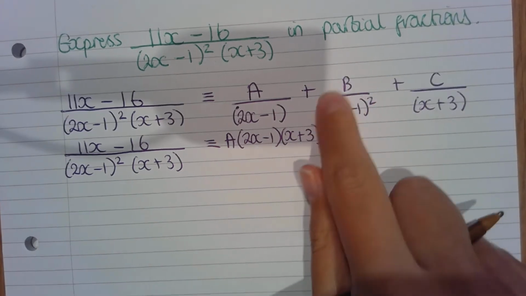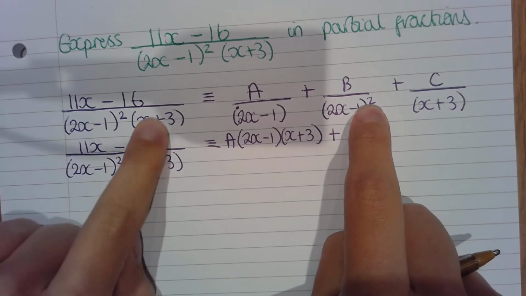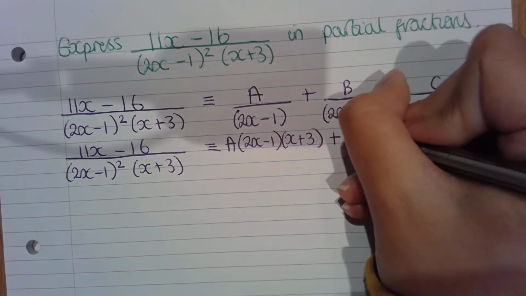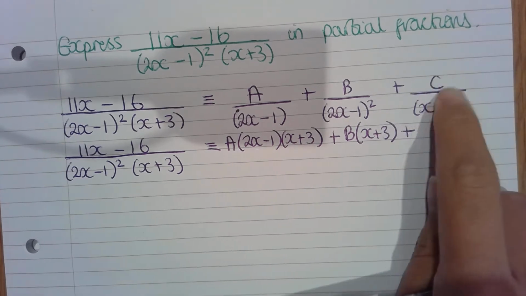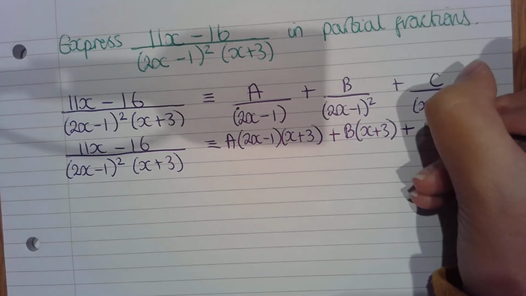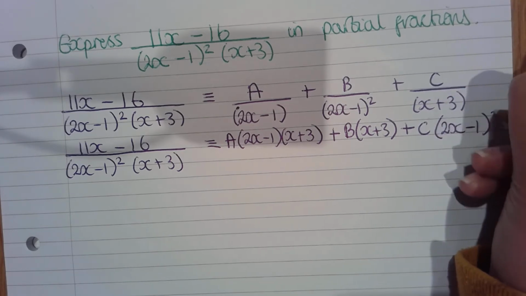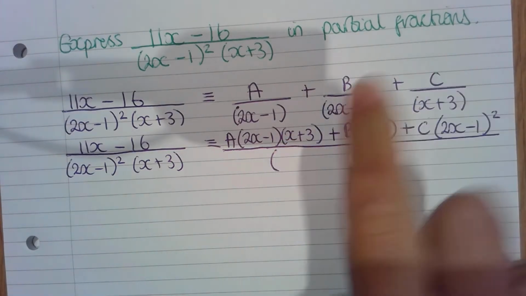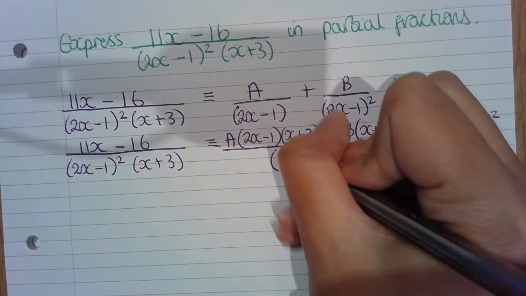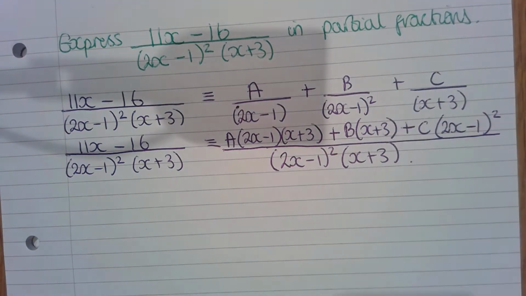My second fraction, I've got my 2x take 1 all squared, I've got that part, I just need the x plus 3, so b times x plus 3 plus the c, I need to multiply by my squared brackets, so 2x take 1 all squared, and my denominator becomes 2x take 1 all squared brackets x plus 3.